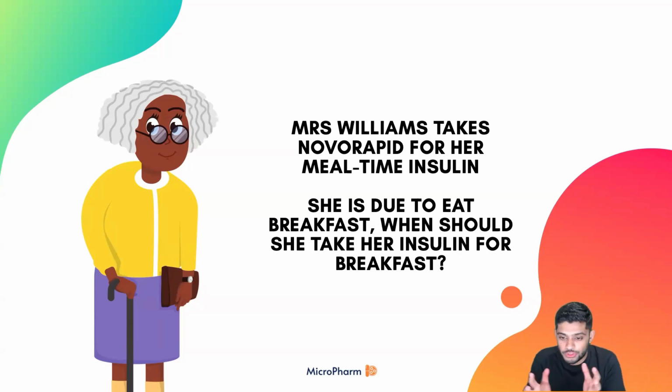Yes. So if you want to categorically simplify short acting insulins, you've got soluble insulin and then you've got rapid acting insulin. What's the difference between soluble insulin and rapid acting insulin?